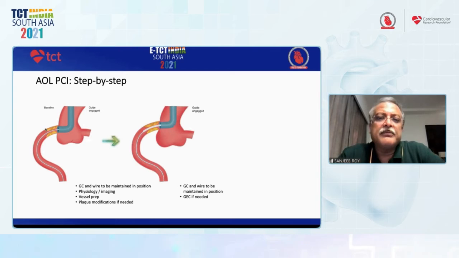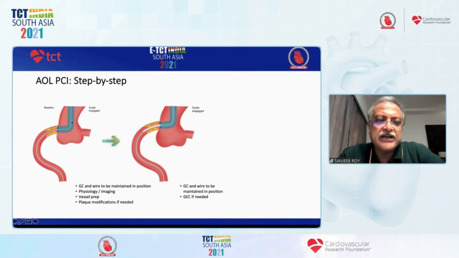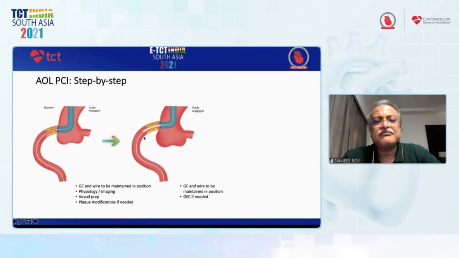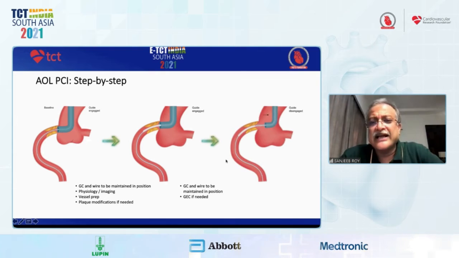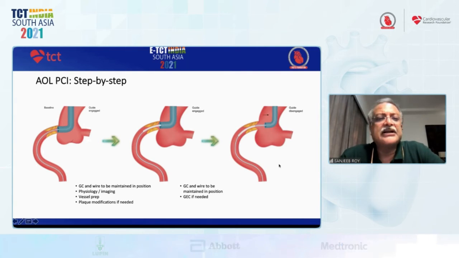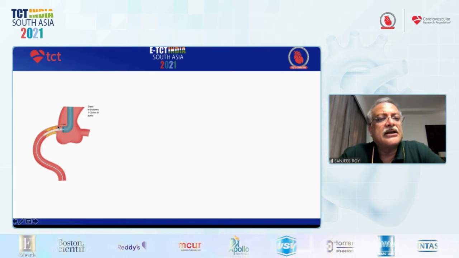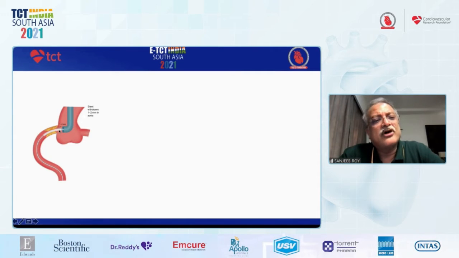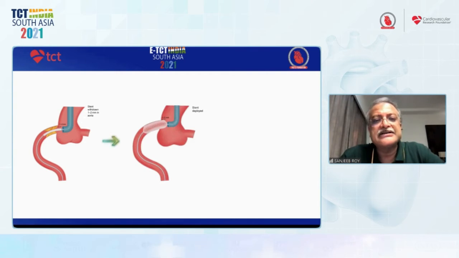Then you have to selectively engage and disengage. We engage the aorta, push the stent beyond, slightly disengage, and ensure that the stent is covering the aortoostial plane with 1 millimeter protruding into the aorta. This is when you are doing angiographic guidance.